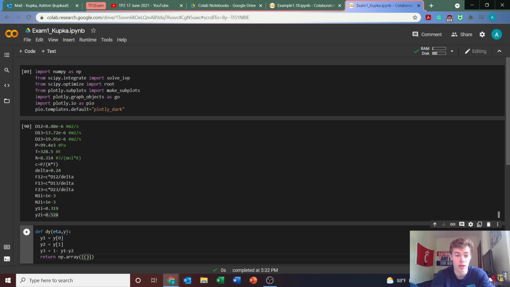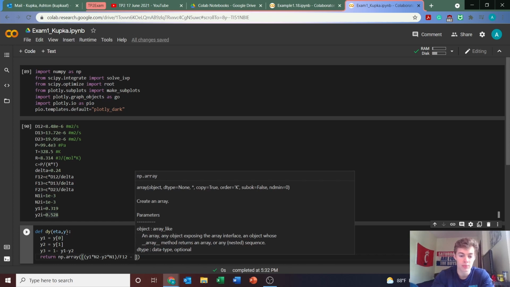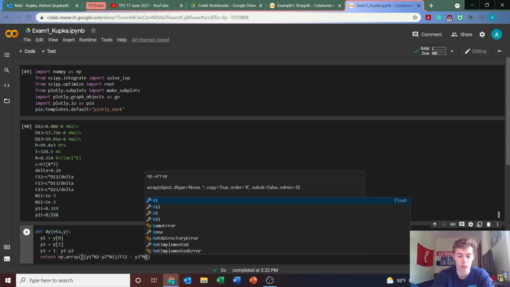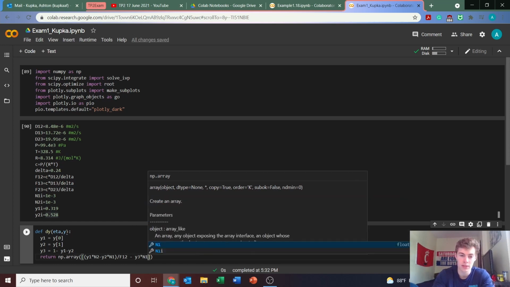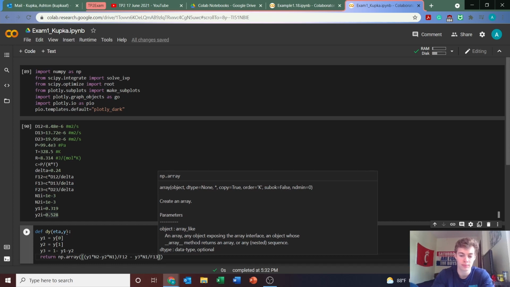So for acetone, it's going to be the mole fraction of acetone times the mole flux of methanol minus the mole fraction of methanol times the mole flux of acetone. And that's going to be over our simplified version of F12 from above. We're going to subtract our mole fraction of air times our mole flux of acetone over our F13.